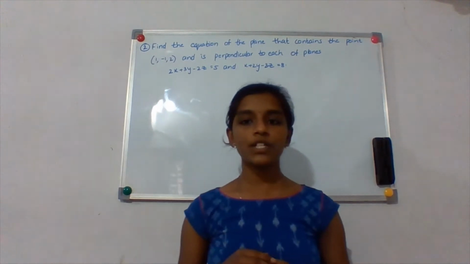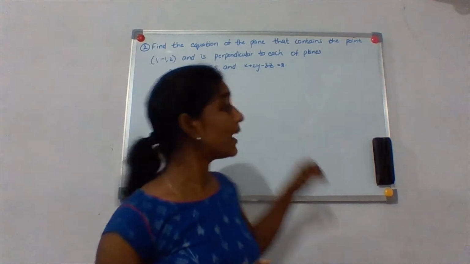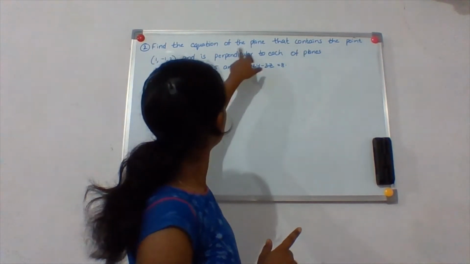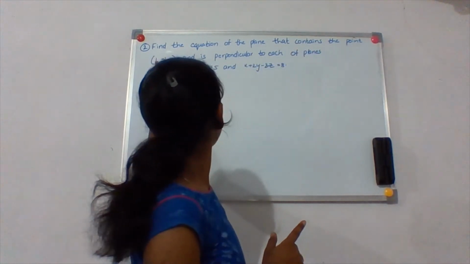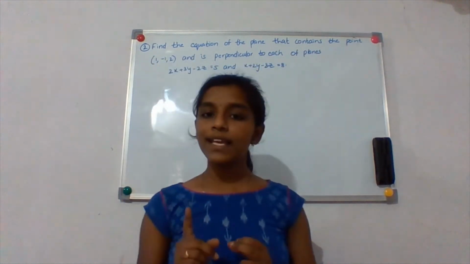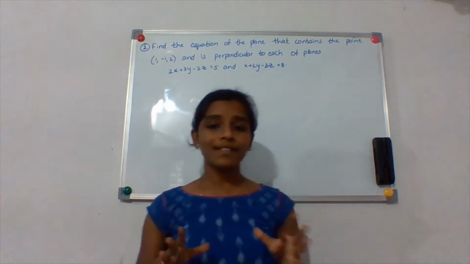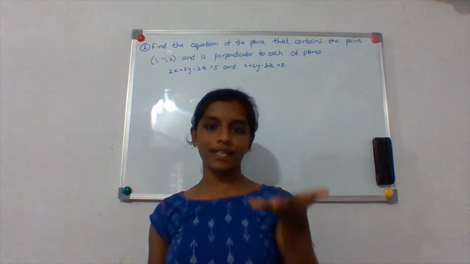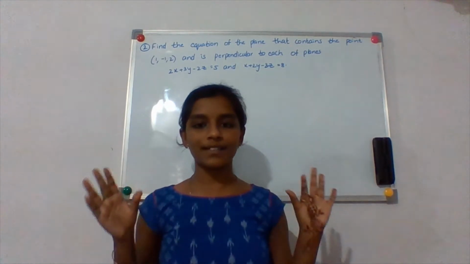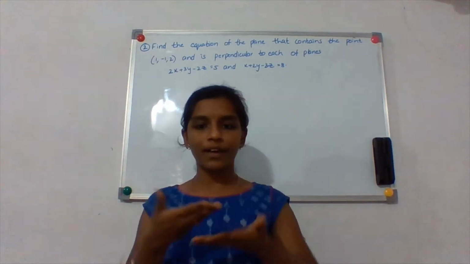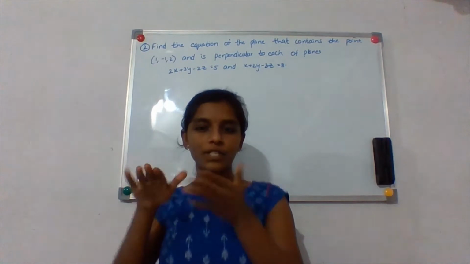Now what are those conditions? He tells that the point 1, -1, 2 lies on the plane that is required. Now imagine that there's a plane in space, like a book, or a small cardboard sheet, or anything.